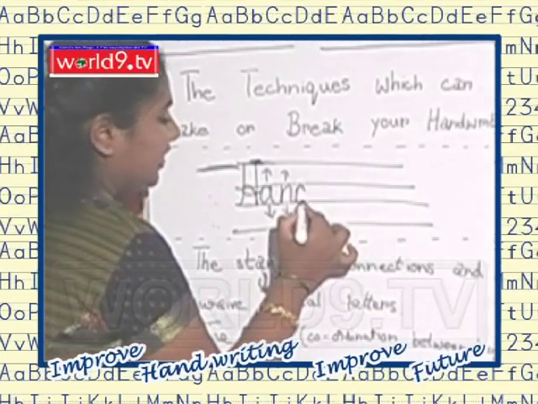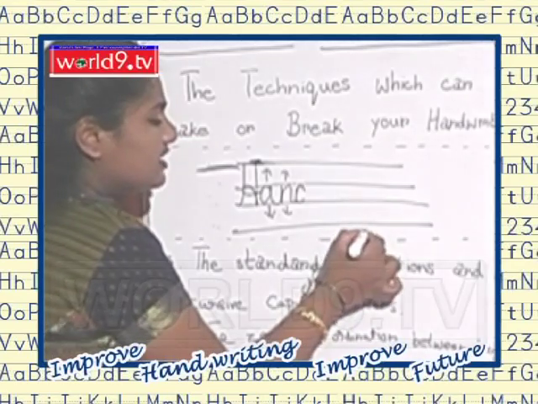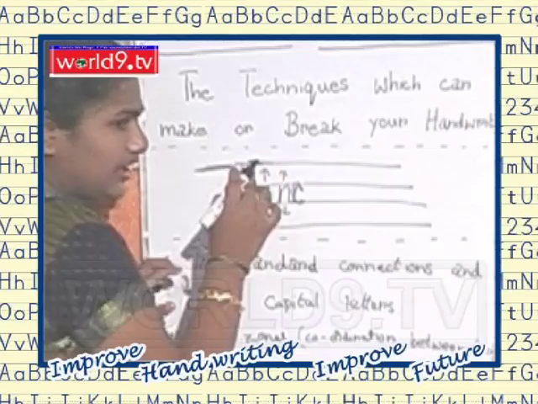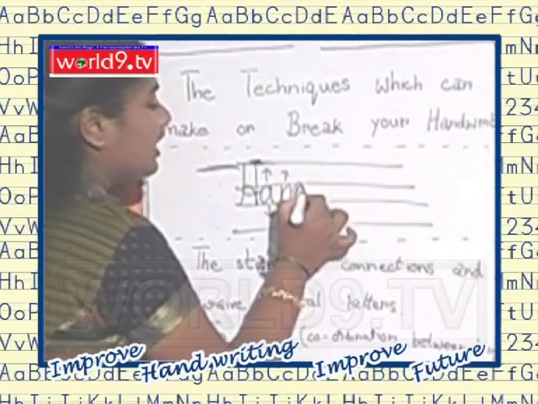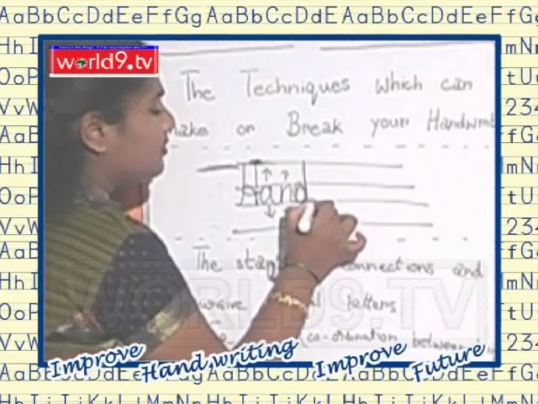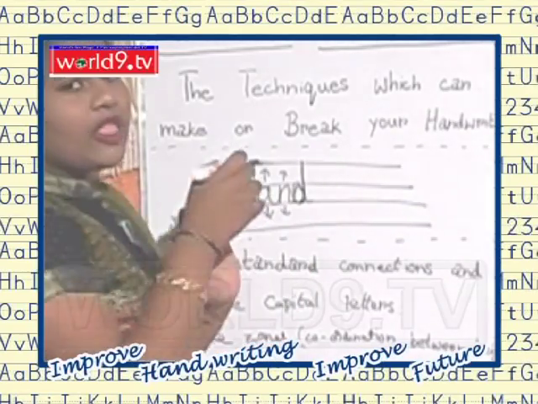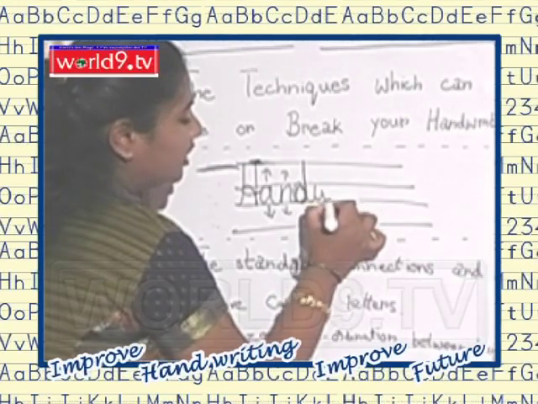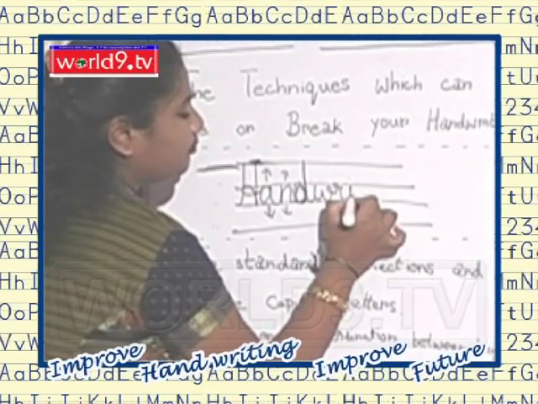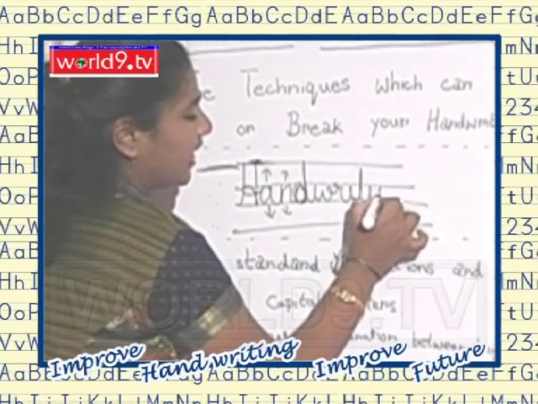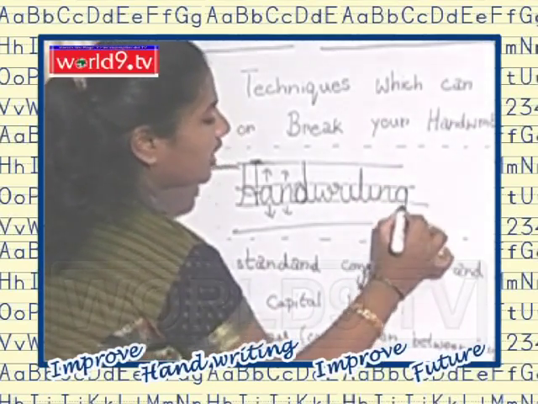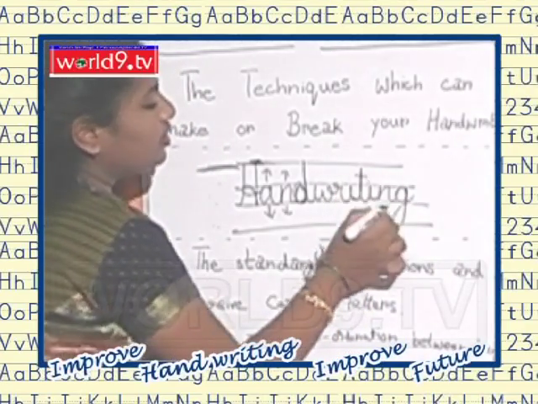In "handwriting", curved letters like C must be in the middle, and straight-line letters like D and L must touch the top line. Writing W, R, I, T, I, N, and the last letter G should touch the lower part.